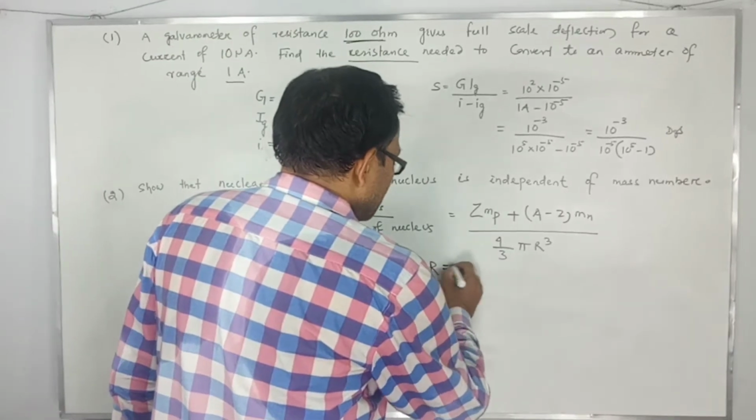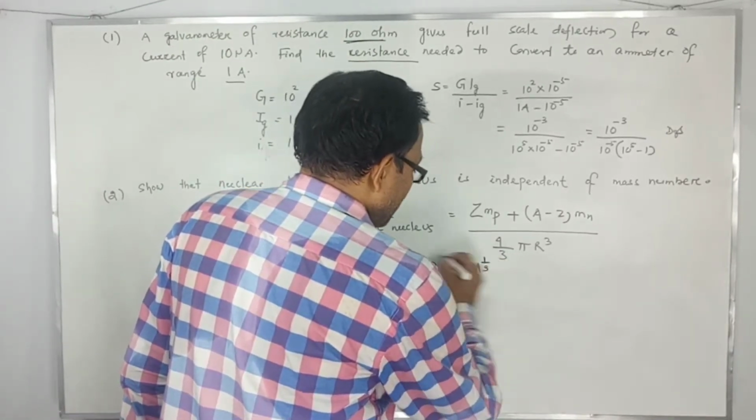We know that radius of the nucleus r equal to r0 into A to the power 1 by 3.